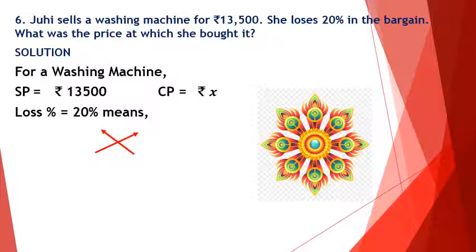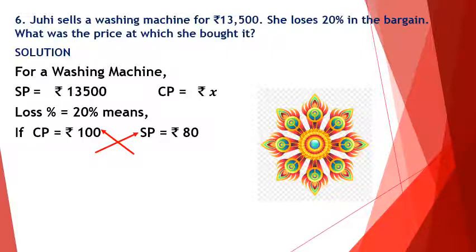You know that percentage means out of 100. Here we are discussing about loss and profit. So loss 20 percentage means if CP equal to rupees 100, SP equal to, you can subtract 20 from 100. So we can write SP equal to rupees 80.